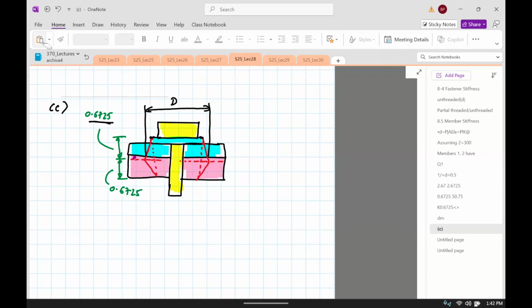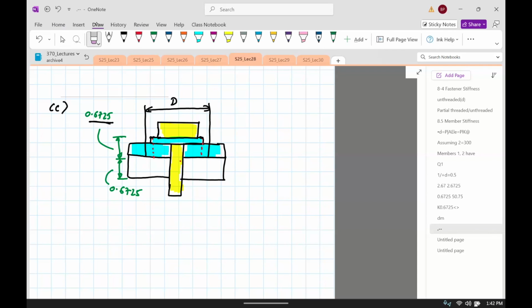Okay, so we don't really need this. We don't have to worry about this. Both of them are made of the same material. So here everything is steel.